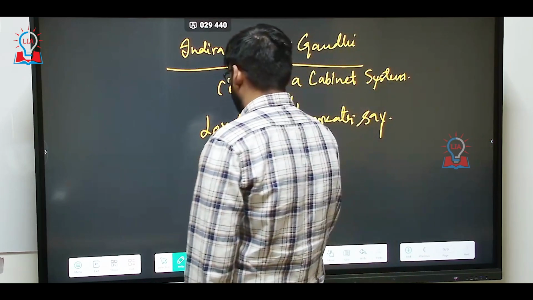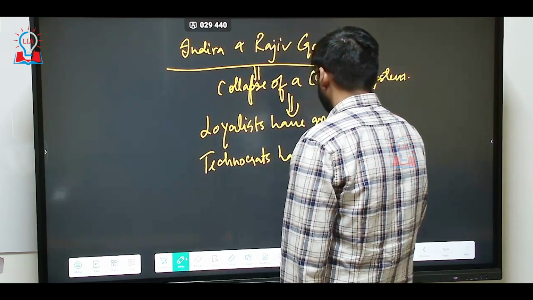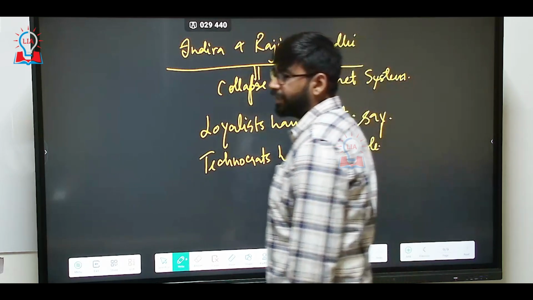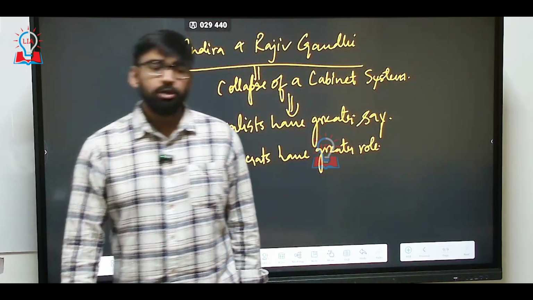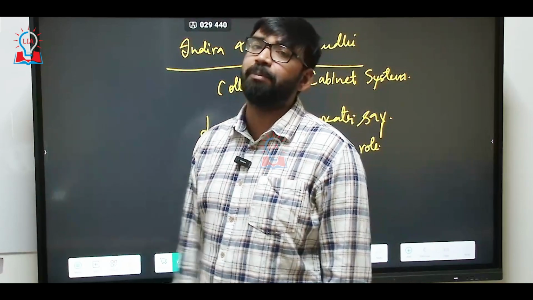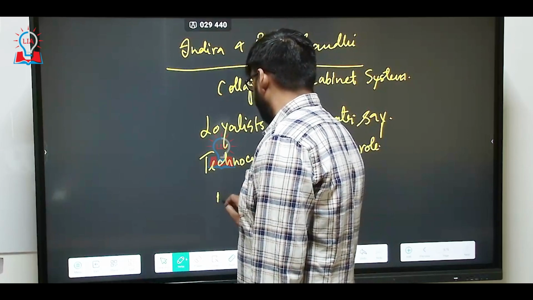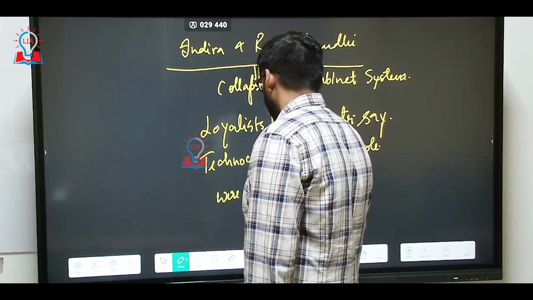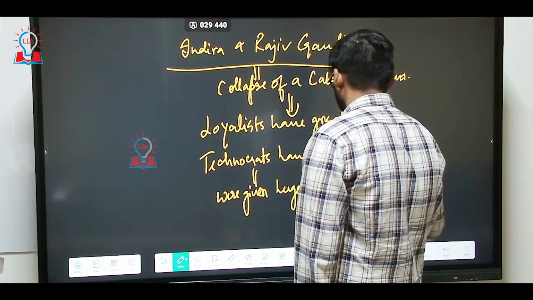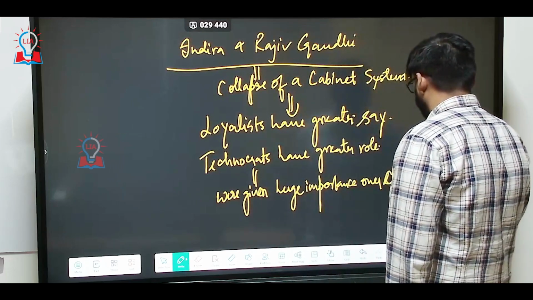Technocrats have greater role rather than cabinet ministers. Clear? So technocrats were given huge importance over elected representatives during the time period of Rajiv Gandhi.